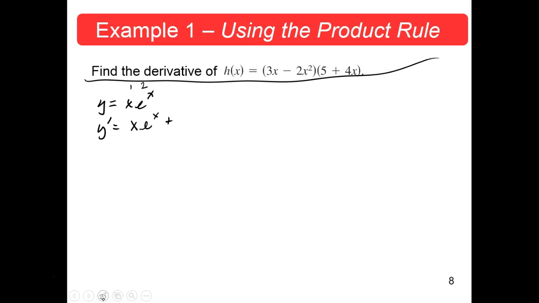Either way is fine. Okay? Nothing special about one over the other. In the book, they did x, e to the x times x plus 1. That's how they left it. So that was example 2.